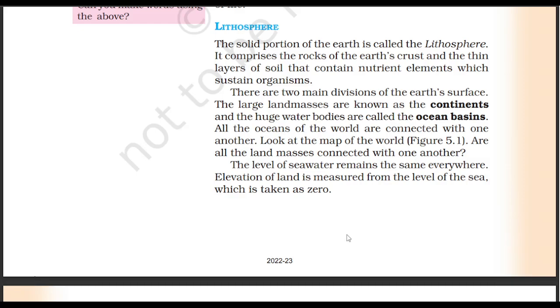Elevation of land is measured from the level of the sea, which is taken as zero. Means sea water level remains the same, and that is why we calculate the height of any place from the sea water level, because this is stable every time.